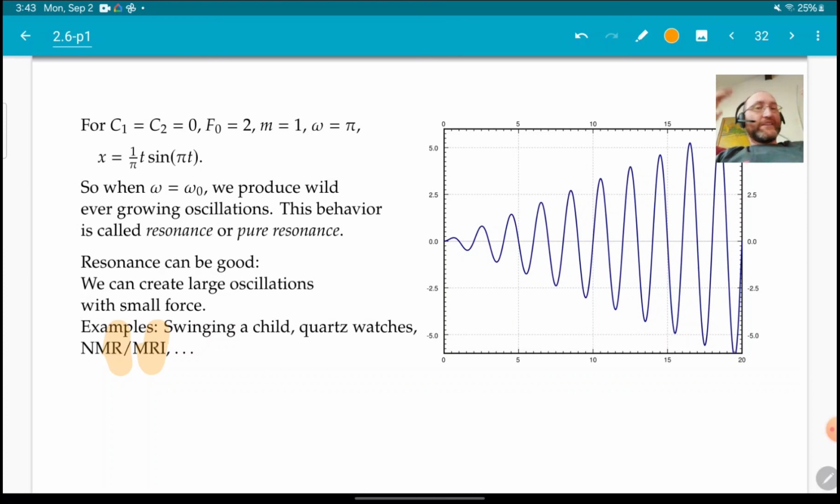MRI imaging, again R is resonance. This is in chemistry with NMR. Chemists will use it to figure out what compound they have by using resonance. And MRI doctors will look inside you by using resonance.